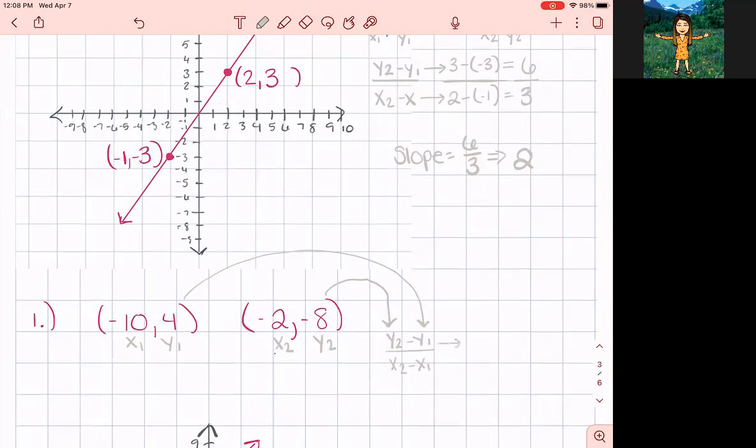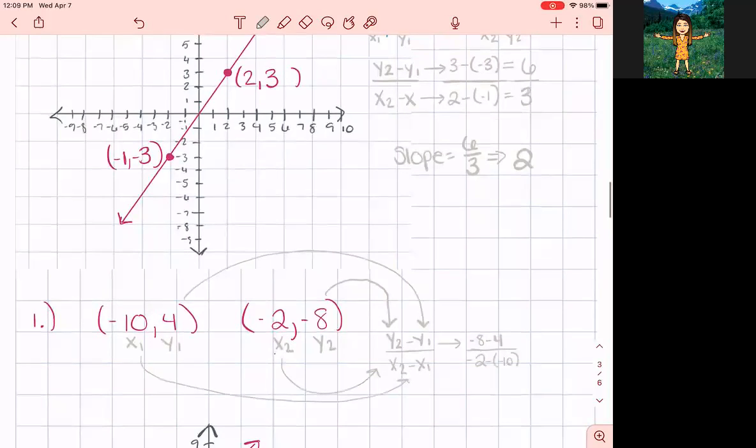So when we substitute, we're going to put -8 minus... I did that wrong, not minus -10, minus 4. Make sure you pick the right numbers. And then my x2 comes from right there, and our x1 is going to come from right there. So the bottom is going to be -2 minus -10.